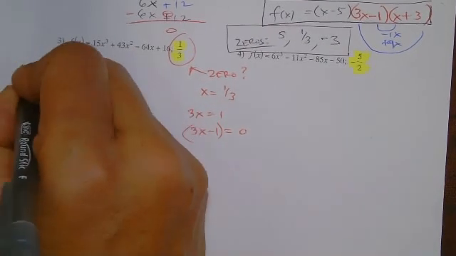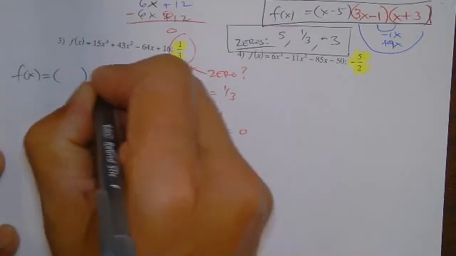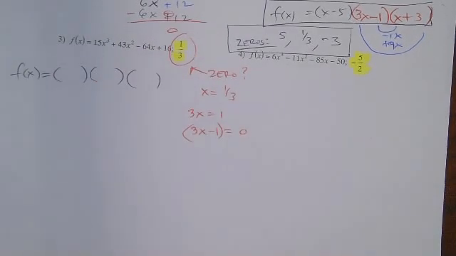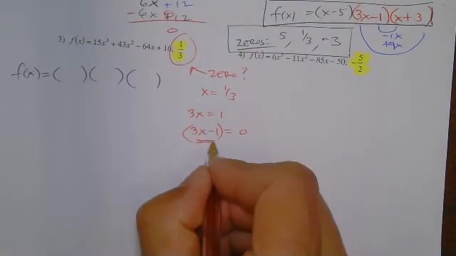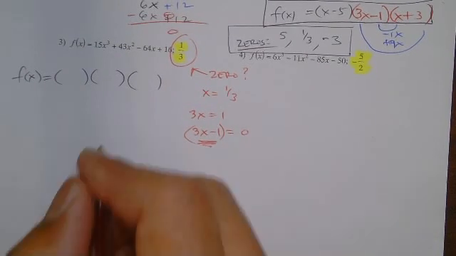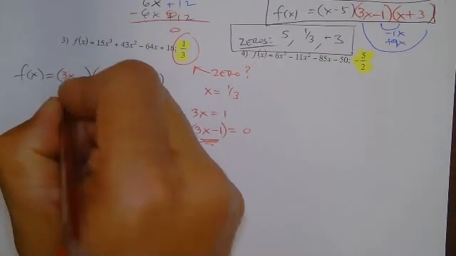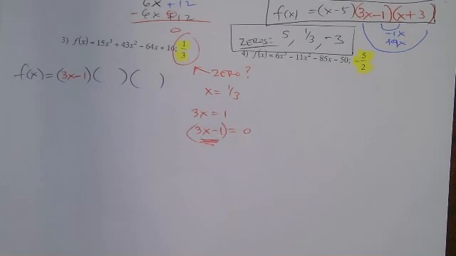So this is one of the factors, right? Again, it's to the power of 3. To the power of 3 means that I know that it's going to be at most 3 factors that are going to multiply. But one of them is already what? This one here that's given. 3x minus 1.